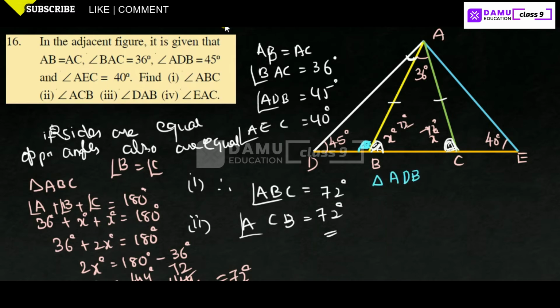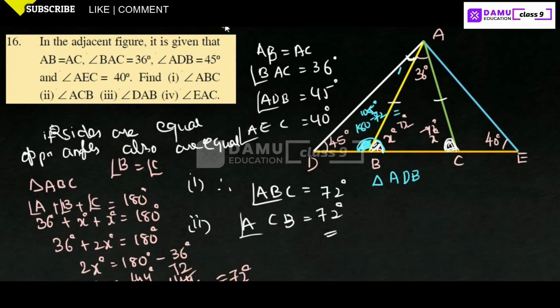From the linear pair, this angle is 180 minus 72. 180 minus 72 will be 108 degrees. So this angle is 108 degrees.